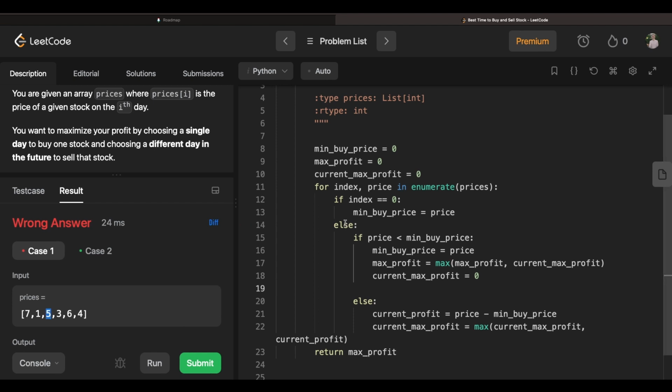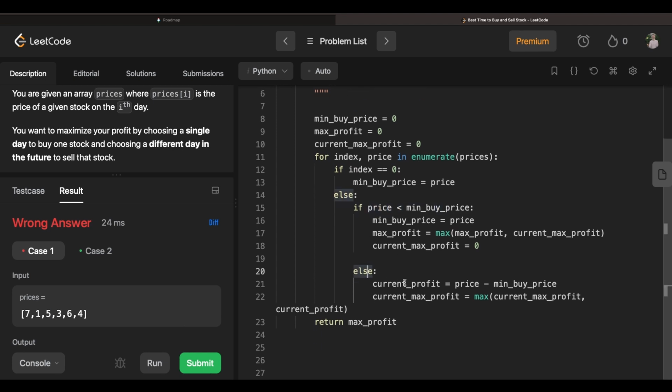Next one is a 5, so this doesn't happen, this doesn't happen, that doesn't happen. So we're down here. So the current profit is the price we're at, which is 5, minus the min buy price, which is 1. That means we get 4. So the current max profit equals the max of whatever it is now, which should be 0, and whatever we just calculated, which should be 4.